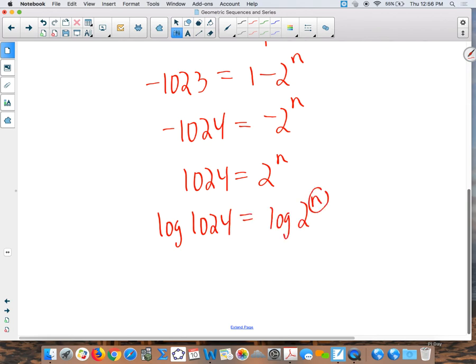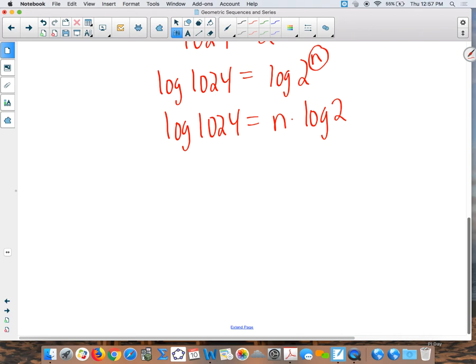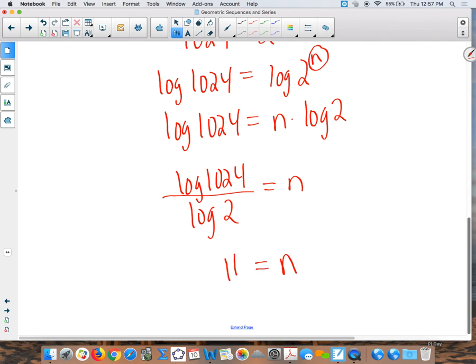If you remember our power rule, the n can come out front. So the log of 1,024 equals n times the log of 2. And now to get the n by itself, we can divide both sides by the log of 2. So the log of 1,024 over the log of 2 equals n, which equals 10.